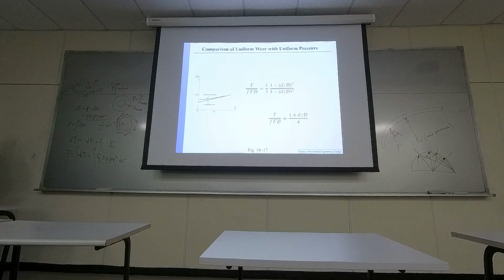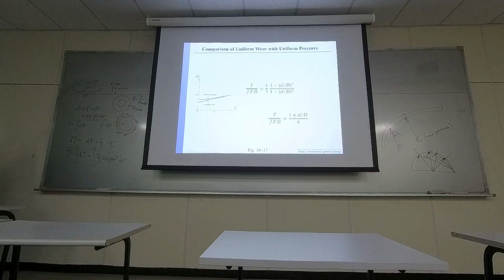Okay, so over here, here's a comparison. If you use the uniform wear model, that's the line at the bottom. If you use uniform pressure model, that's at the top. And for the ratio of D over capital D, you will have a parameter along the y-axis.